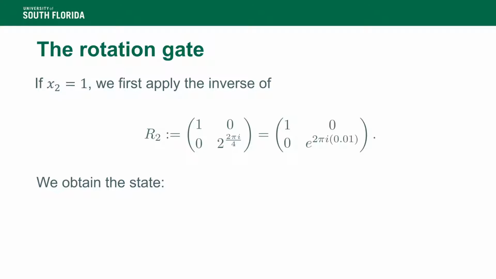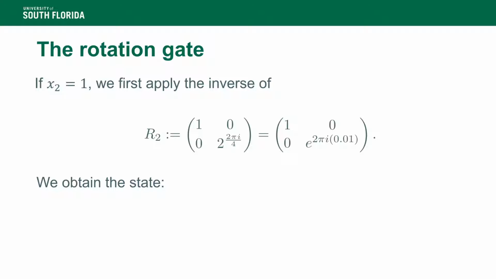So, if x2 equals 1, we need to erase first the contribution of x2 in the second qubit. So what do we have here? We have a rotation gate that we can apply for this purpose, and in particular, we're going to actually be using the inverse of that gate.